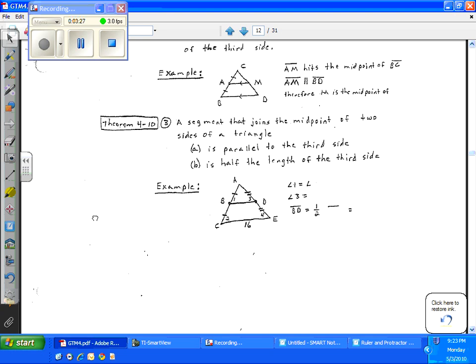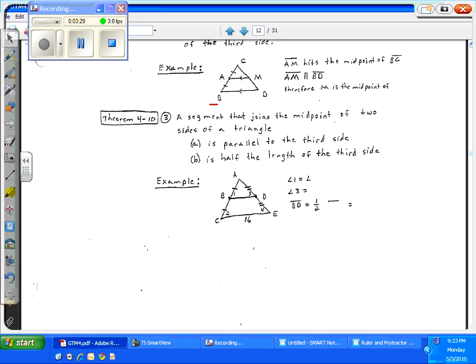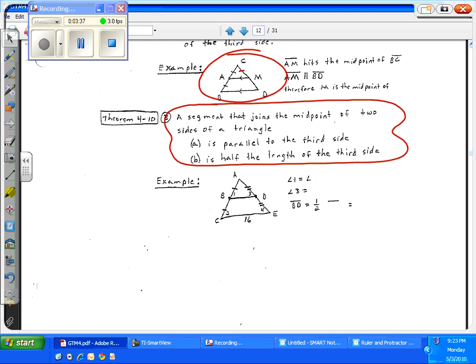And then theorem 4.10, which is basically using the other two pieces of this situation to prove the parallel sides. Theorem 4.10 says a segment that joins the midpoint of two sides of a triangle, the segment here in question is BD. It's given here that BD joins the midpoint of two sides.